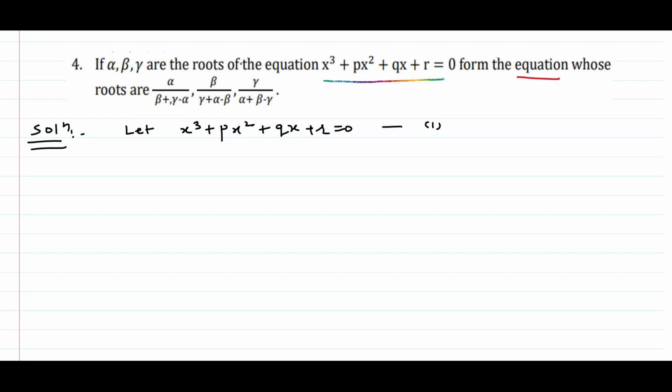So from here, also it is given that alpha, beta, gamma are roots of the given equation. So by using that we can find the sum of roots, summation of alpha, that is negative p, that is equation number 2, and summation of alpha beta, that is q, that is equation number 3, and third one, that is alpha beta gamma, that is negative r, that is equation number 4.